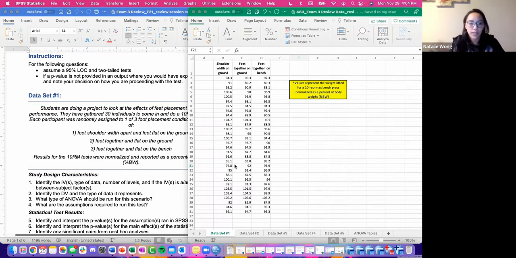It has any relevant calculations, which are related to the omega squared effect sizes for one-way ANOVAs, and the different calculation parts of our ANOVA tables, again for one-way ANOVAs specifically. So I think you should have everything you need to get a good studying in. Are there any questions before we start?